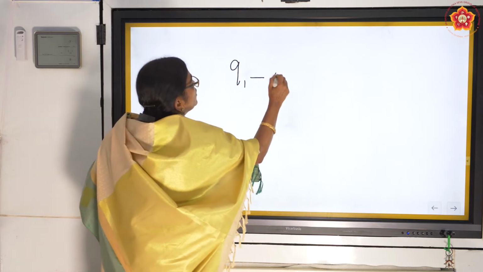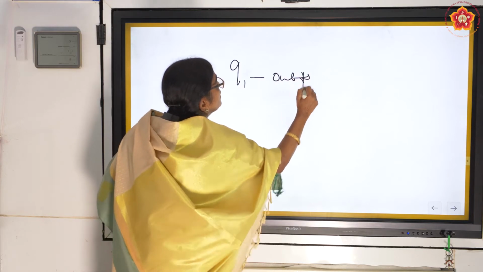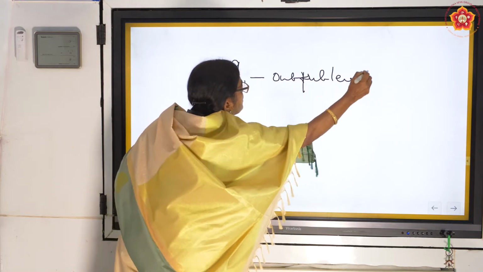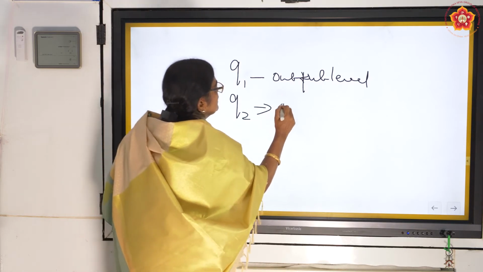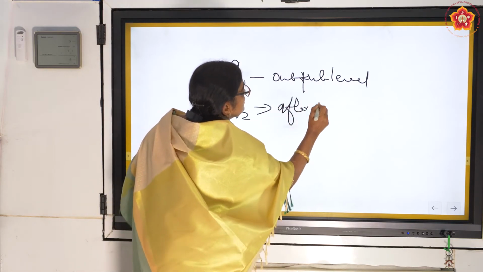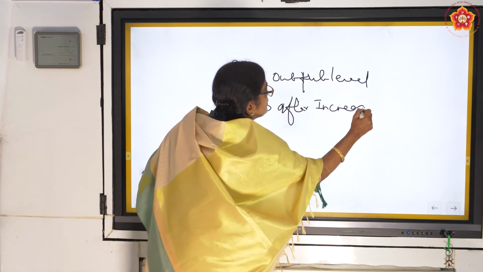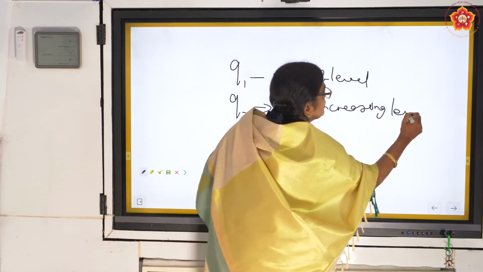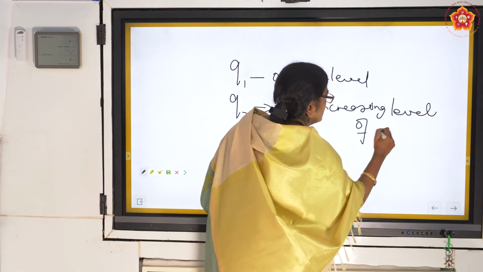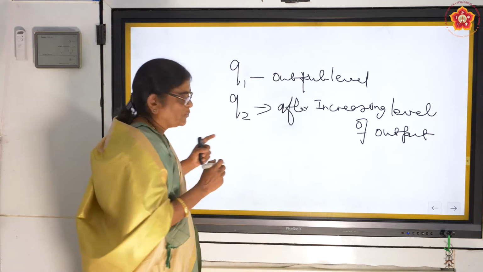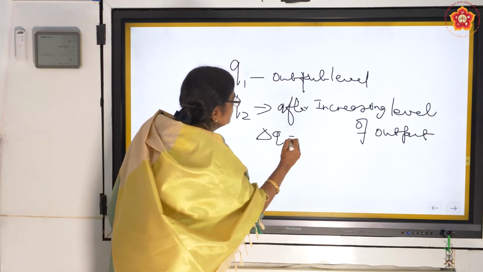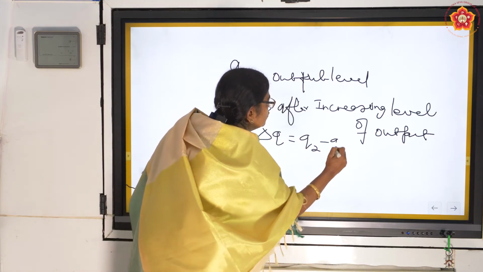Q1 we will say is the initial output level, and Q2 is the output level after increasing output. Therefore, what is the change in output? Delta Q is equal to Q2 minus Q1.